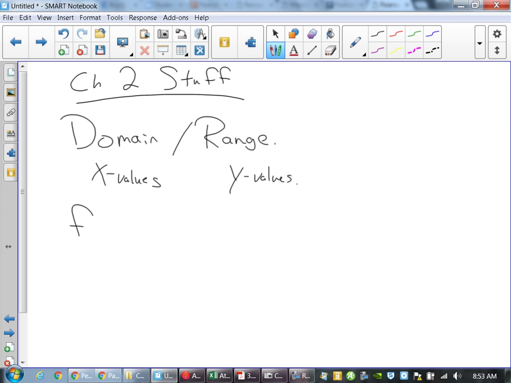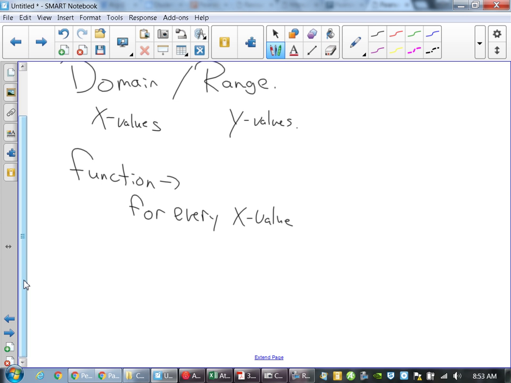So a function: for every x value, there is only one y value. Basically what this means is the x values can't repeat. Your x values can't repeat. That's how you determine whether or not something is a function.